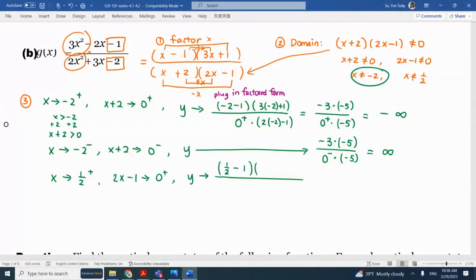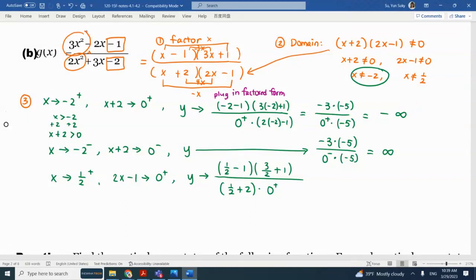The second factor, 3 times 1/2 is 3/2, plus 1. And then the next factor in the denominator, 1/2 plus 2. Yes. How about 2x minus 1? 1 minus 1 is 0. Do you put 0? 0 plus. Good.